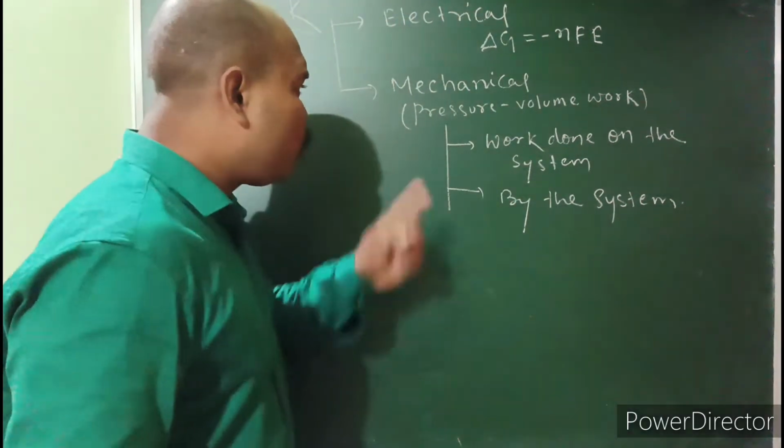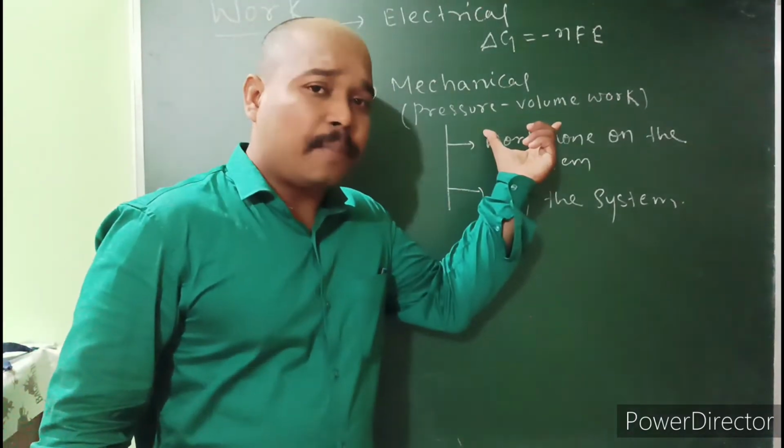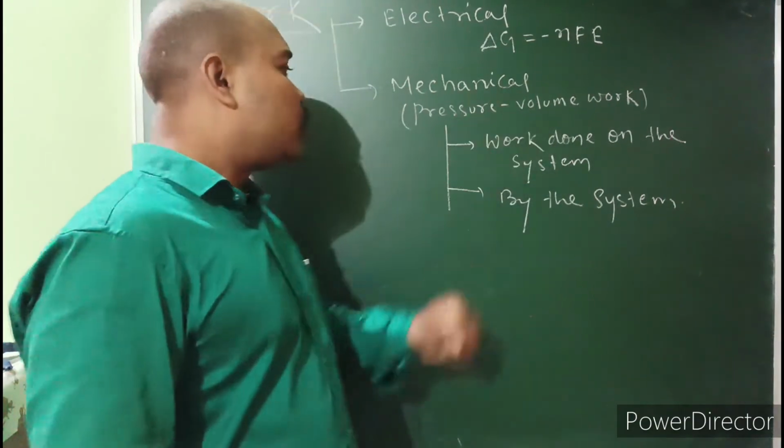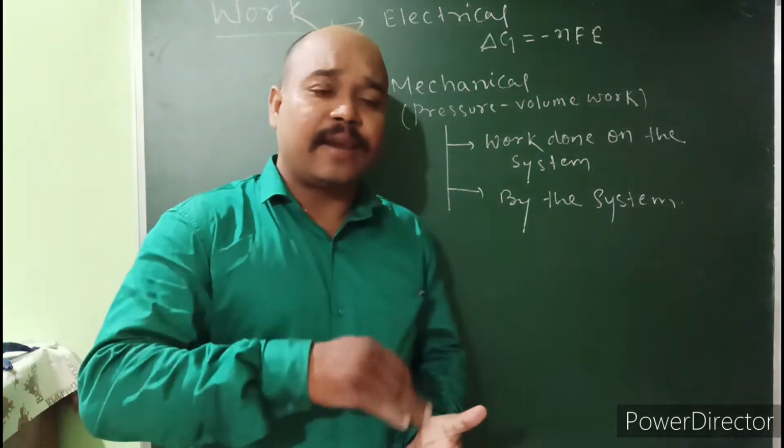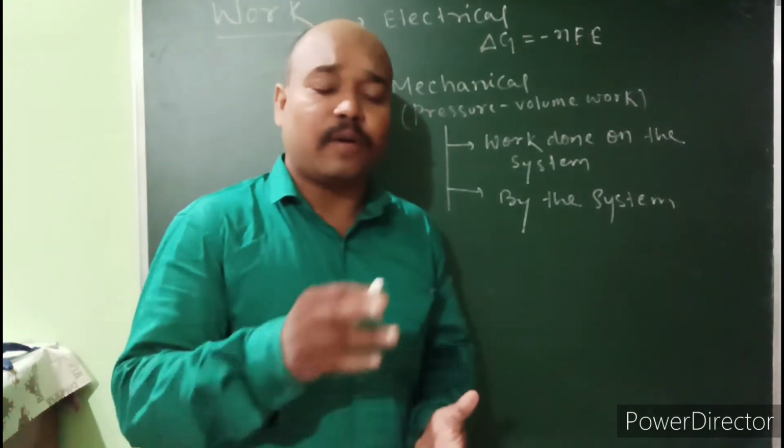So as I told you, it is all about a pressure volume work. So we will discuss about a system where we can increase or decrease the volume of the system.